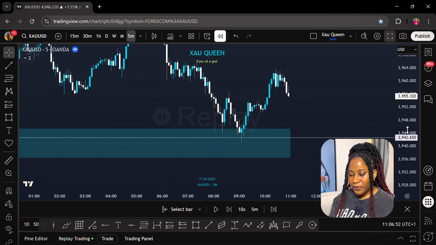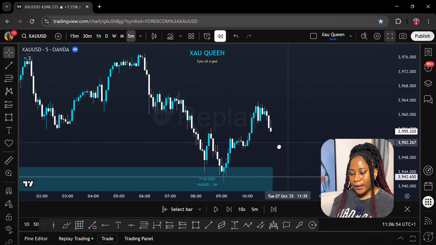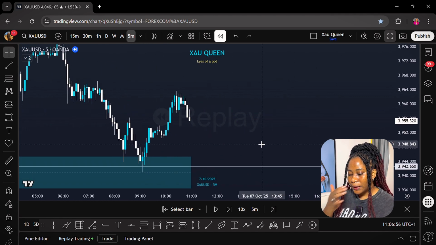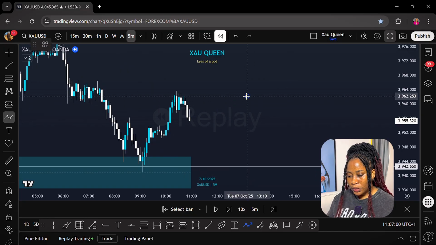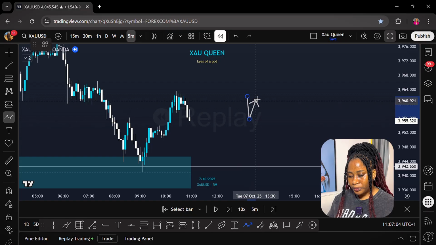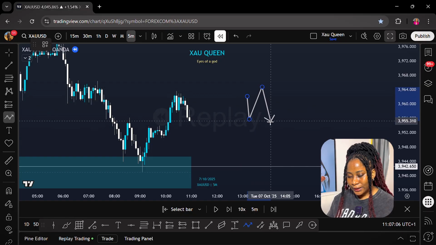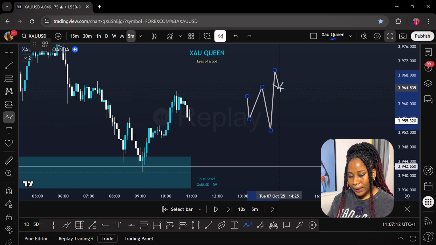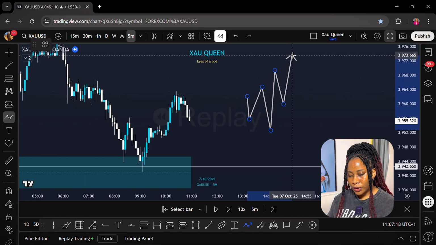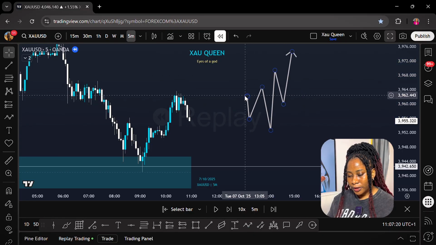Now, on the 5 minutes, I also forgot to tell you guys. This is what we'll be looking for as our confirmation. We want something like this. Then a sweep. Take it out. And then pull back either to this breaker block or to an FVG here. And then this is where our entry for the buy is.